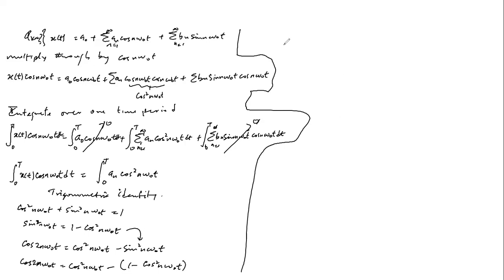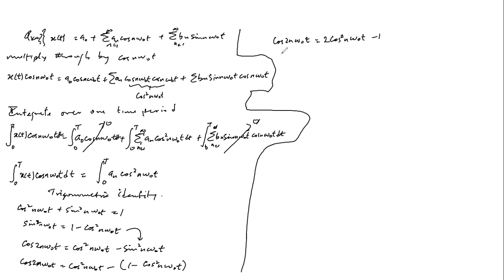Right? So let's just compress this. Minus times minus is plus, so we have 2 cos squared n omega t minus 1.